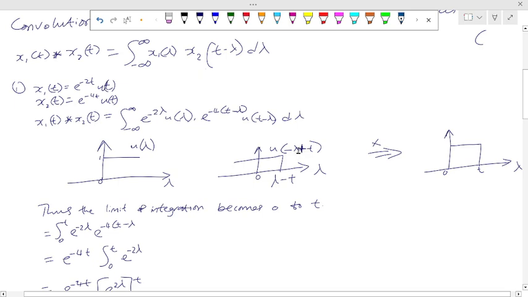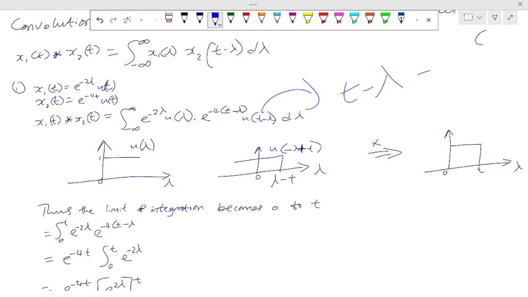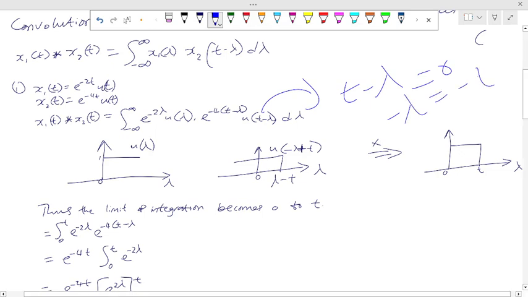So this is folded and then shifted. Can you see it now? We got this from the point where t minus lambda equals 0, which means minus lambda equals minus t, which is lambda equals t.